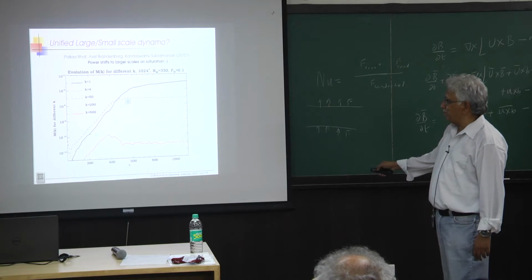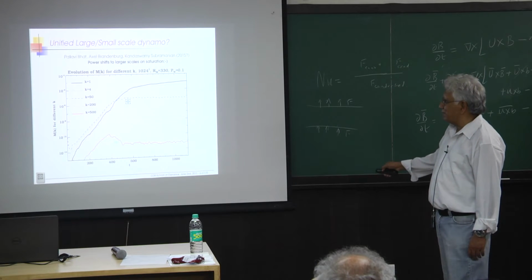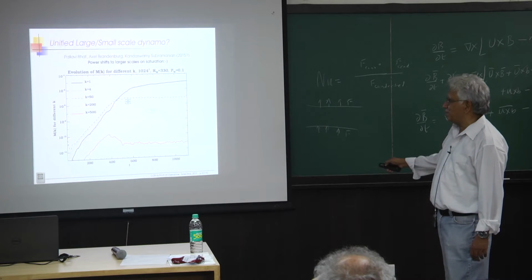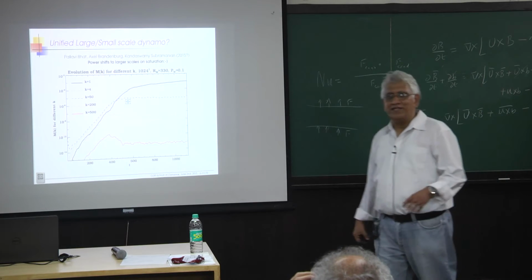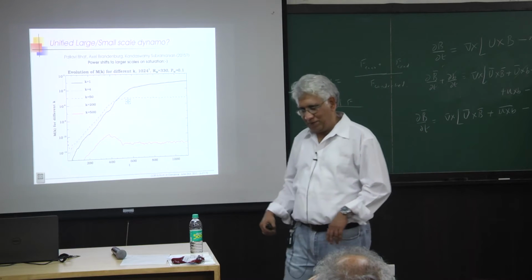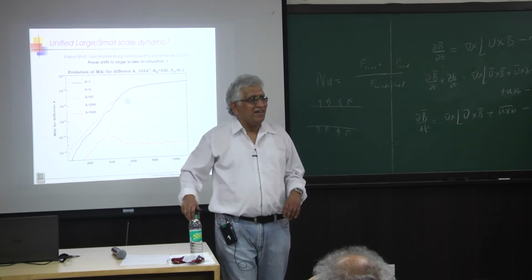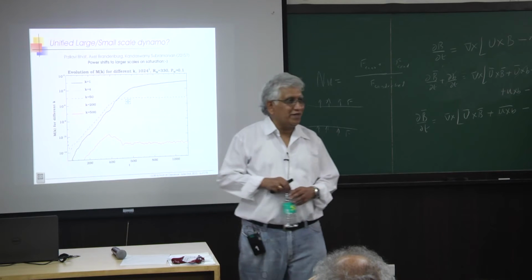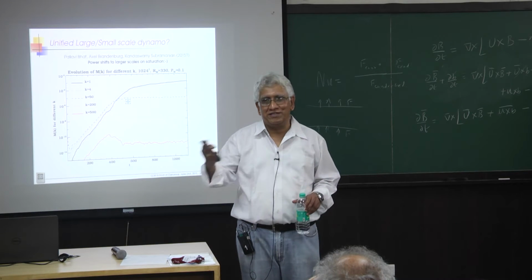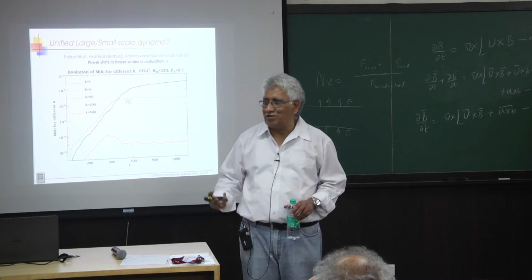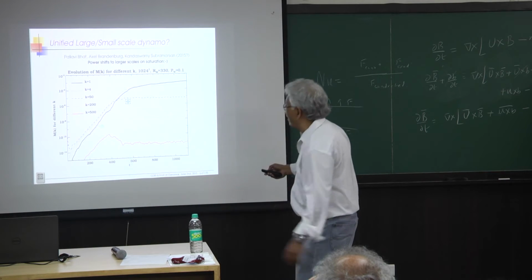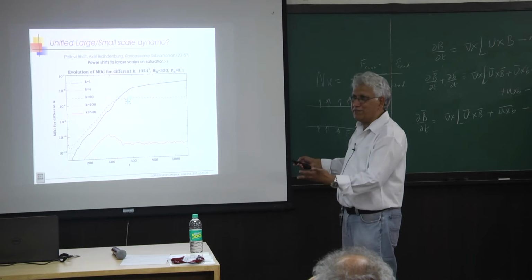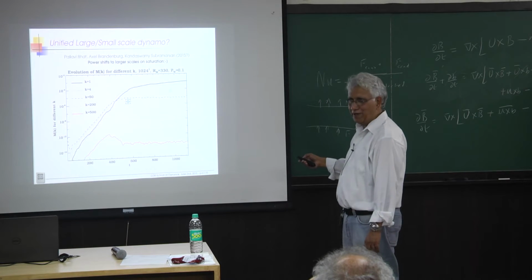But as time progresses, each one of these saturates, the higher wave number saturates first, then lower, then lower, then lower. There is no real indication, and we had a lot of arguments and finally she won, that there are two dynamos, a small scale dynamo and a large scale dynamo, which is what I wanted to see. But what you basically see is one dynamo where larger k's saturate first and smaller k's keep growing.